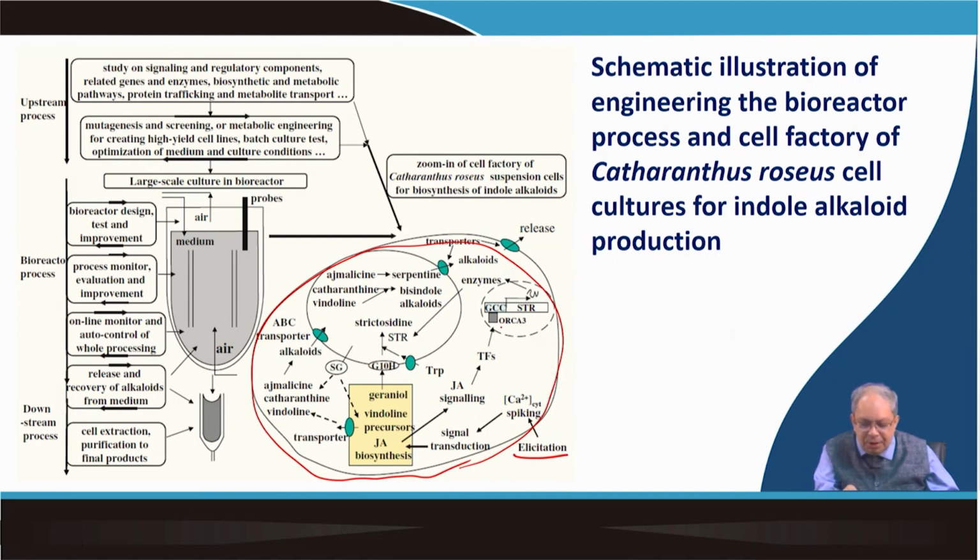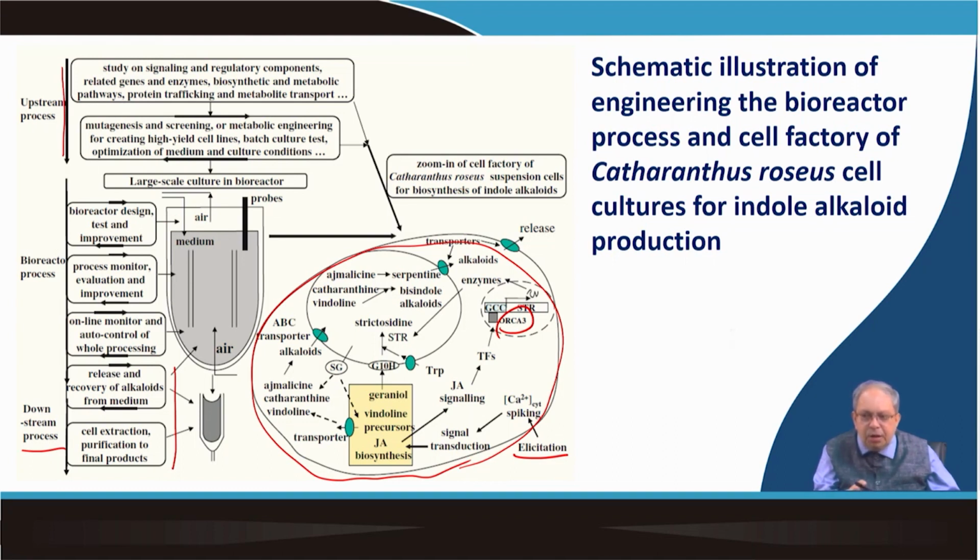They have also covered what CA3 they have covered, and all these things. But then upstream processing, that is this, and then mutagenesis screening. So, this part is already done. Then important is the bioreactor design and bioprocess engineering and the subsequent downstream processing. These are also important if you want to produce the alkaloid on a large scale.